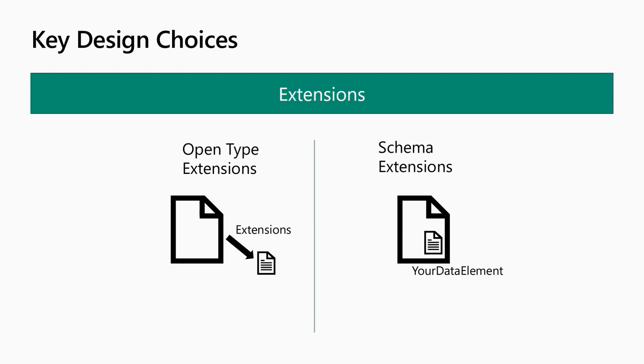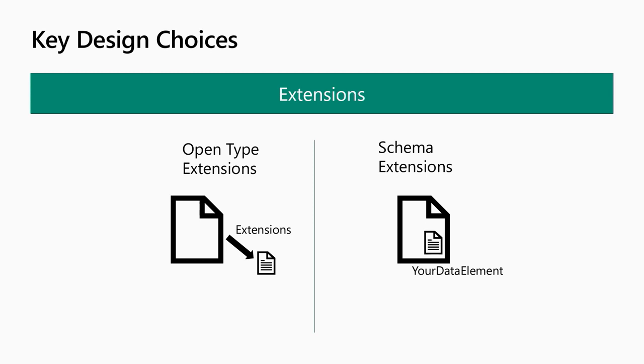Open schema extensions are different in that you register the open schema extension. You say, there is this new type, and I want to introduce it to the graph. And it gets introduced globally to the graph. Anybody can then use that open extension once it's registered against a particular entity type. Now that extension actually appears within the object. You retrieve a user object, and if it has one of those extension values, that complex type will return back in the payload.